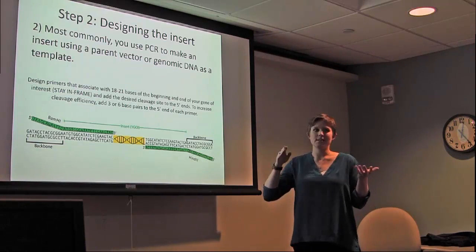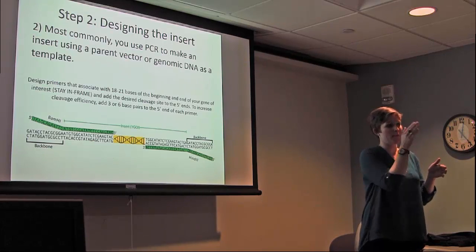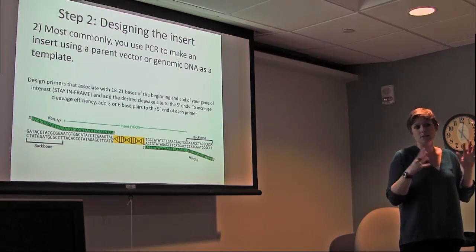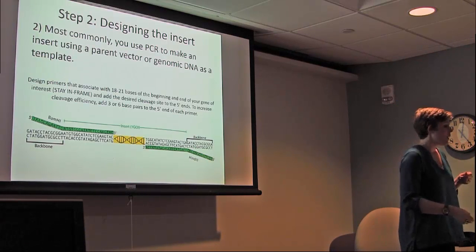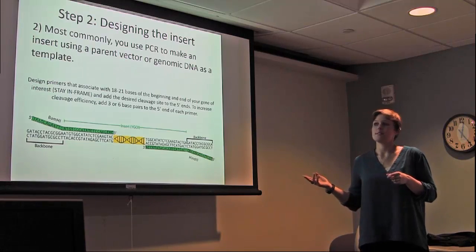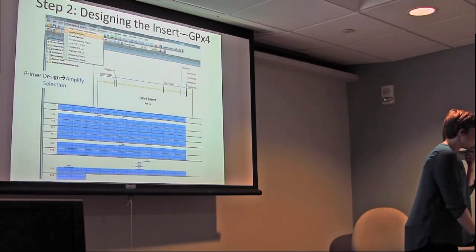Restriction enzymes don't like to cleave right on the 5' end of their site. So you have to add a few more nucleotides, and that can be random. It doesn't really matter what you add there. You just want to make sure that they are not going to cause any hairpin structures in your final product.